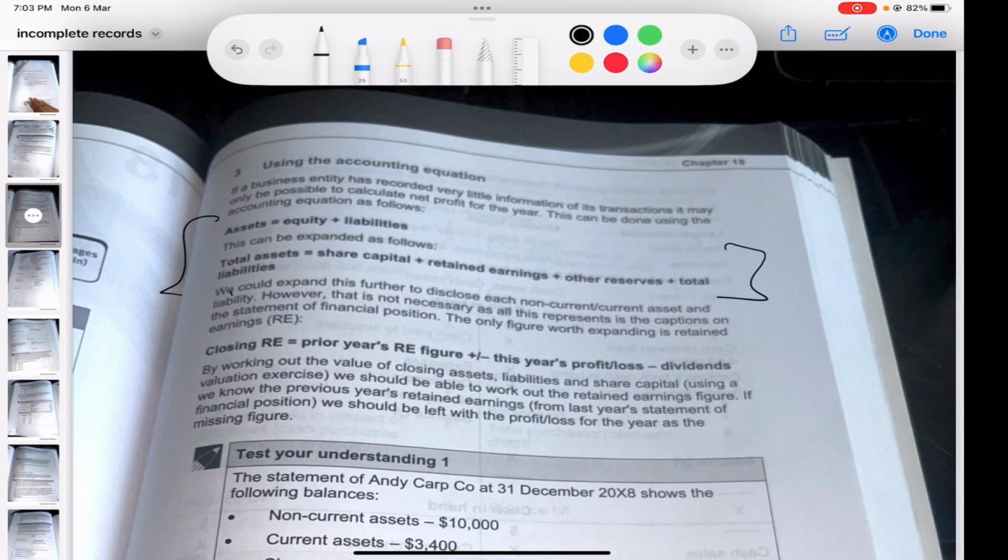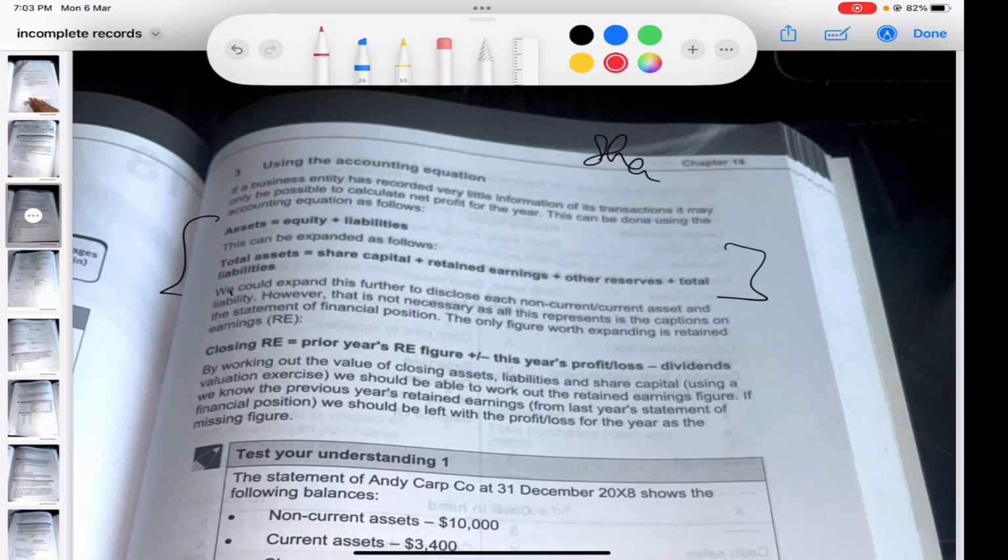We could, however, expand this further to disclose each non-current or current asset or liability. However, that is not necessary as all this represents in the captions of the statement. Alright. So we don't have to expand every single thing. Like if I go into share capital, that in itself I can expand even more, but we don't have to do that if we are given the final numbers anyway.